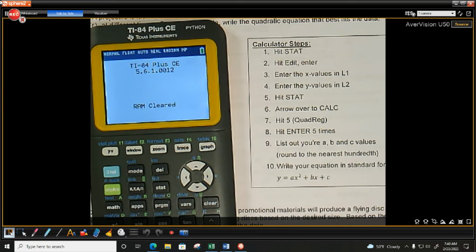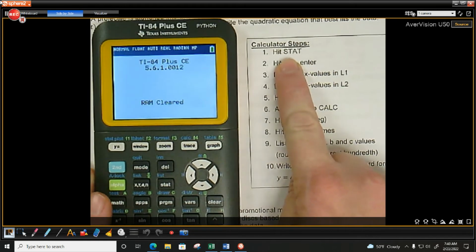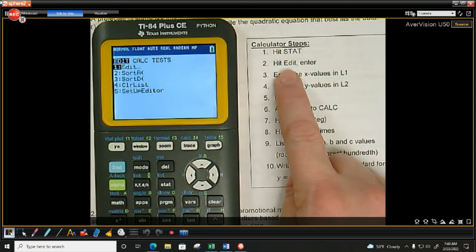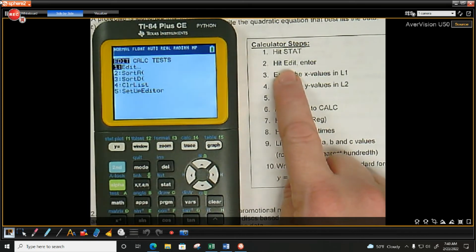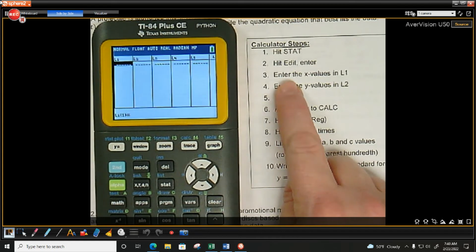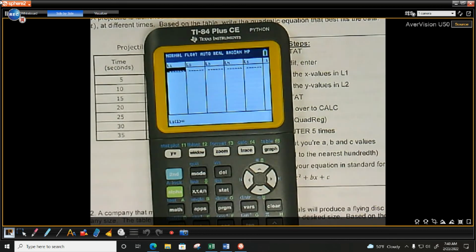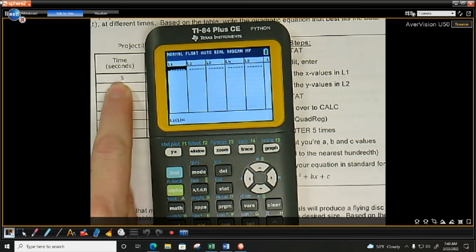Then we're going to follow our steps. Go to stat. It's already on edit, so I'm just going to hit enter. Then it says enter the X values into L1. Remember, guys, I've said use your pointer finger to keep track, because if you don't put the numbers in correctly, it's not going to give you the right answer.